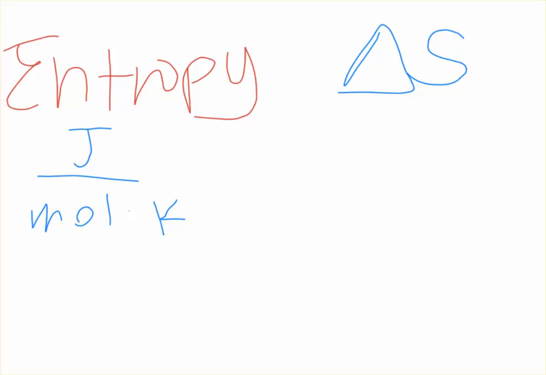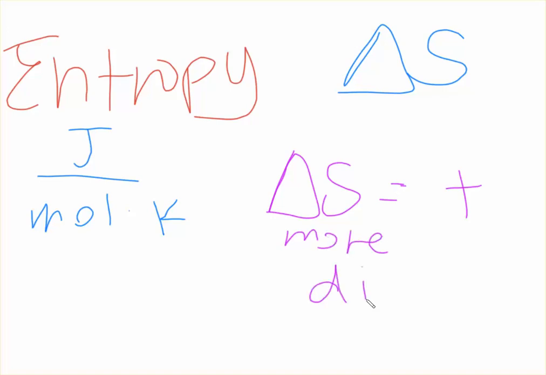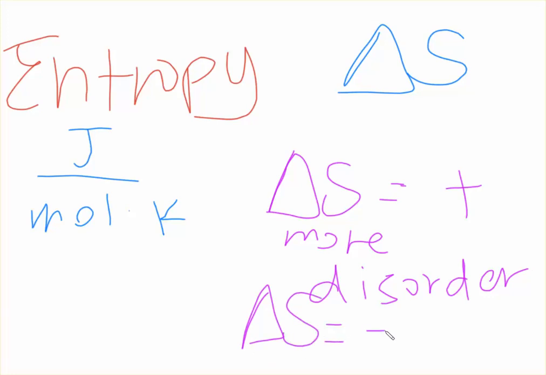What's important to know about entropy is that when your change in S is positive, that means there is more disorder, and when your change in S is negative, that means there is more order rather than disorder.